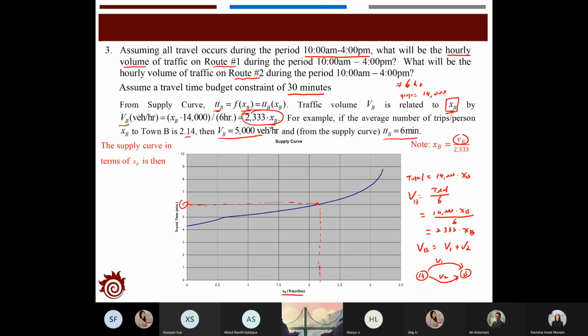And the way for you to get that is just simply scale the x-axis down by 2,333. So with that, you will get a new figure, and the one for the horizontal axis will be the daily trip in town B, and the vertical axis is still the travel time. So this is the slight modification about the supply curve. It's still a simple preparation for this problem.